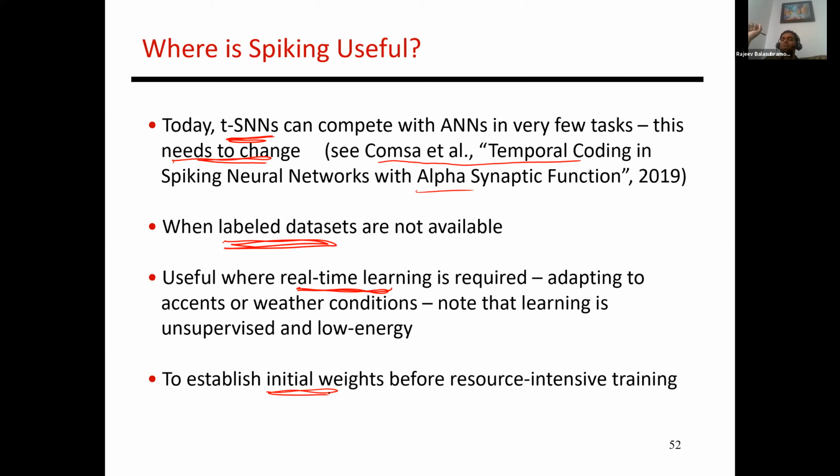So basically, doing a quick and dirty training with STDP, and then doing a more precise training using stochastic gradient descent. So that could be another example where you use spiking for a while, and then change to artificial neural networks later. Okay, so these are potential use cases.